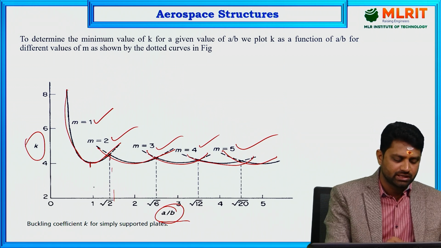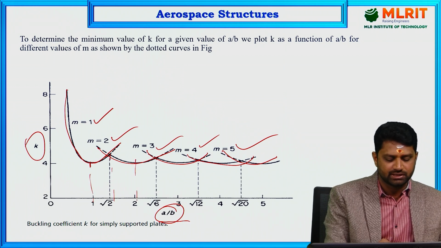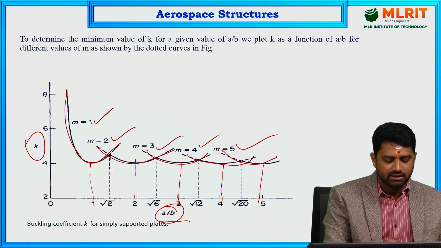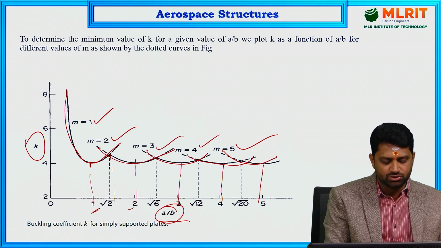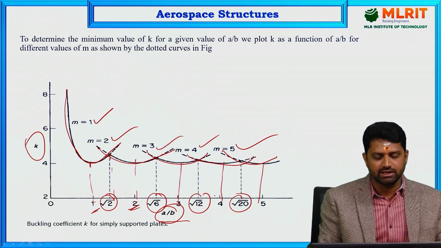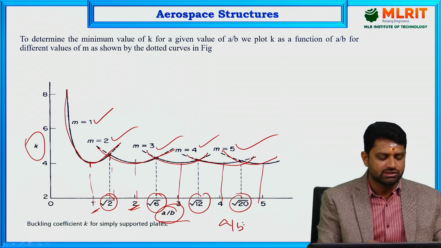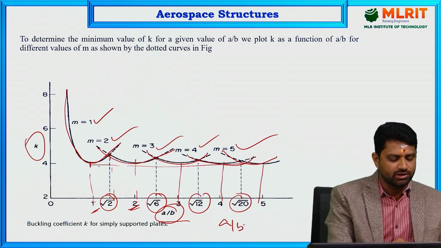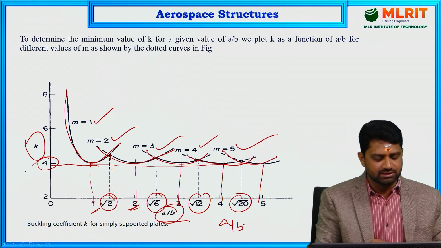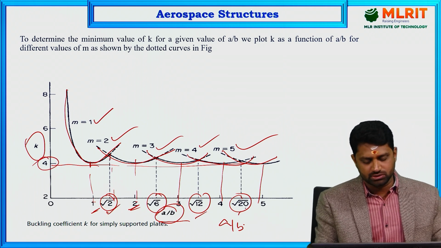The a by b values are also taken here. Here it is 1, here 2, this is 3, this is 4, this is 5, and in between 1 and 2 there is root 2, root 6, root 12, and root 20. These are the a by b ratios which give the lower envelopes corresponding to the buckling coefficient, that is 4. We will see how we get root 2, root 6, root 20.